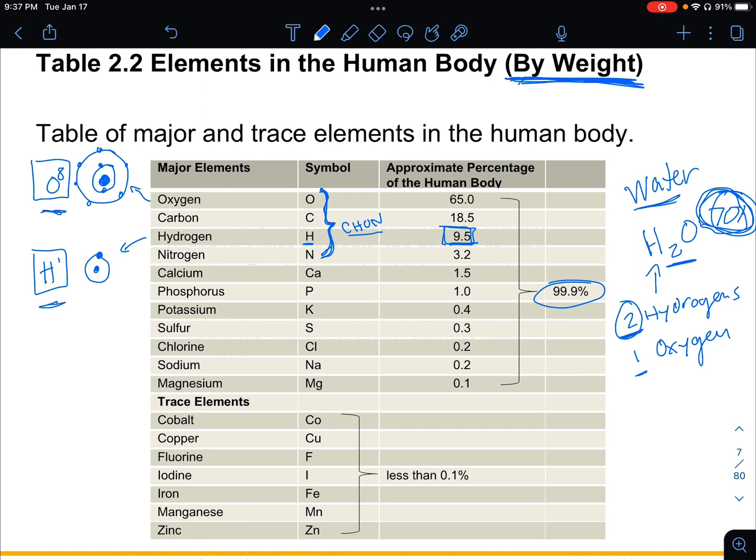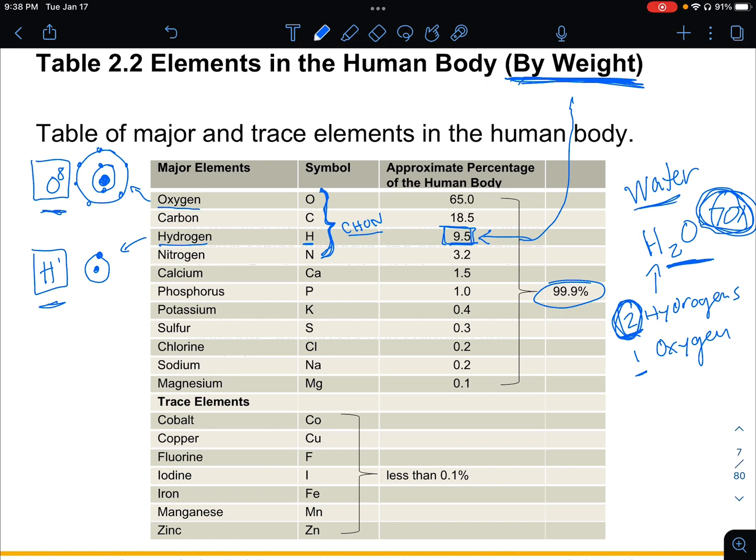Yes. So even though our water molecule has double the amount of hydrogens than oxygens, this is only going to give our body 9.5% because it is talking about by weight. We have smaller hydrogen atoms than we do oxygen atoms, and those are really what is going to make a difference for the major trace elements in the body.